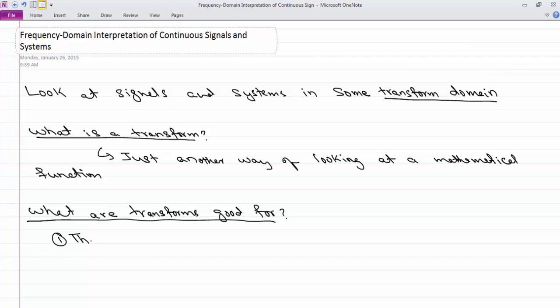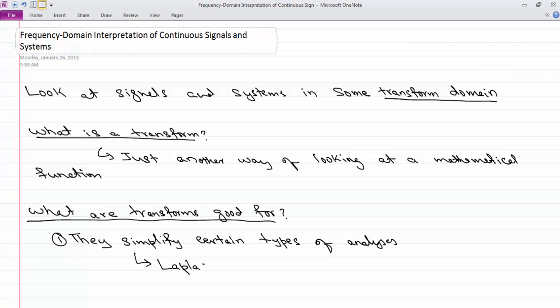They simplify certain types of analysis. And the best known example of these kinds of transforms is the Laplace transform.